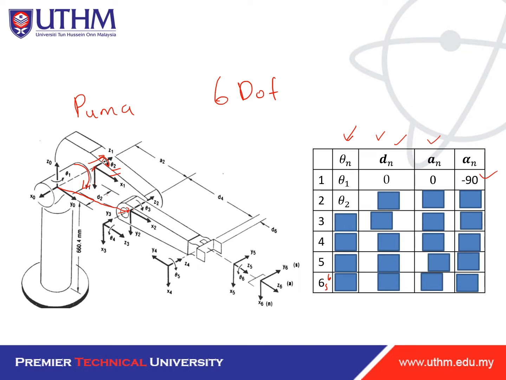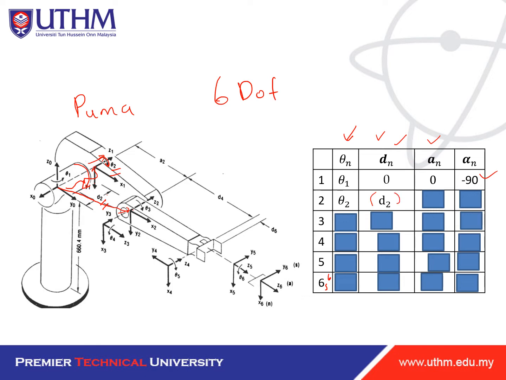So the distance moved along here is actually d2. So we get the d here is actually d2. And this value should be, in terms of this figure, negative. But we note that the negative value can be inside d2.